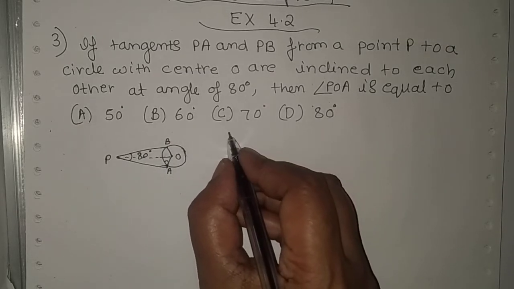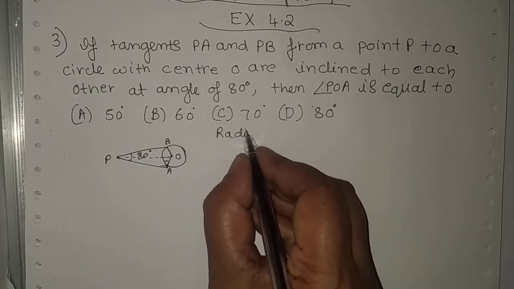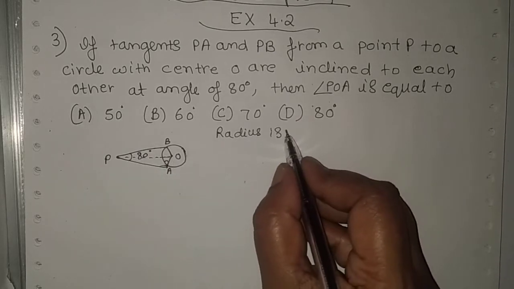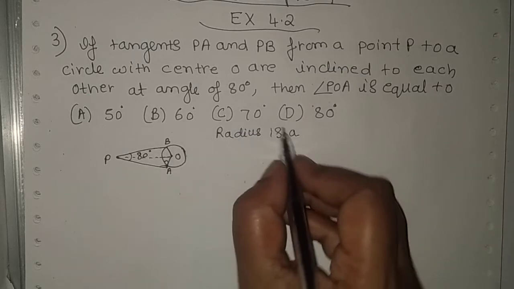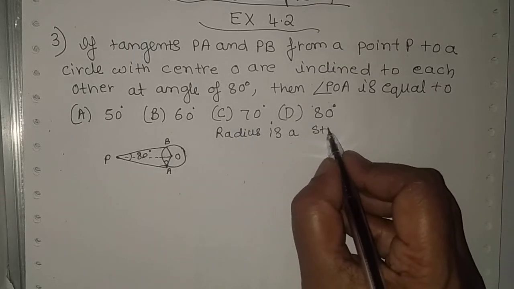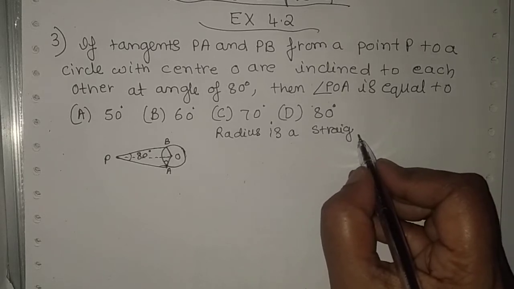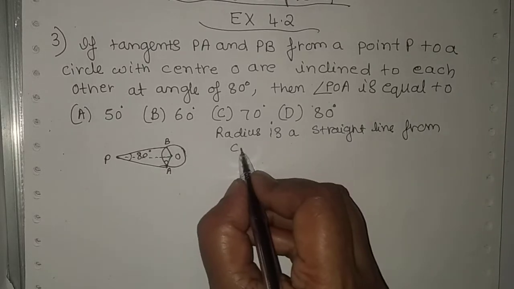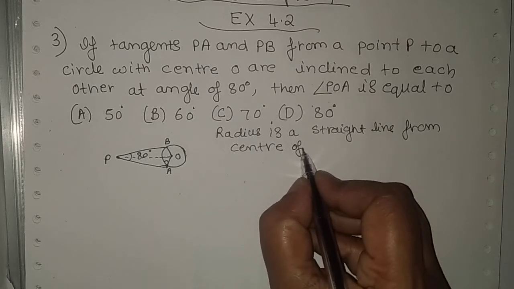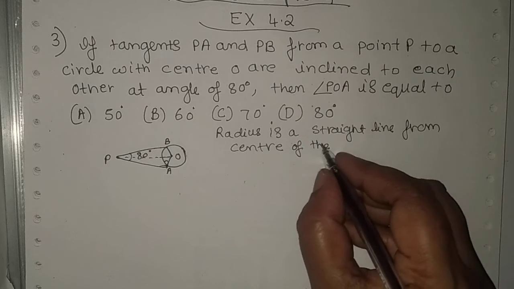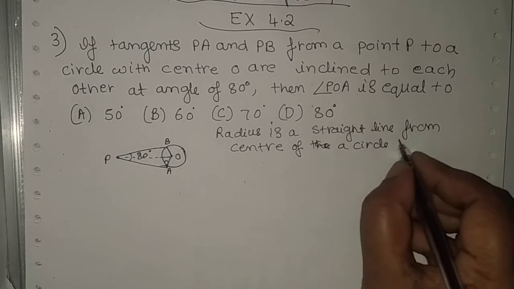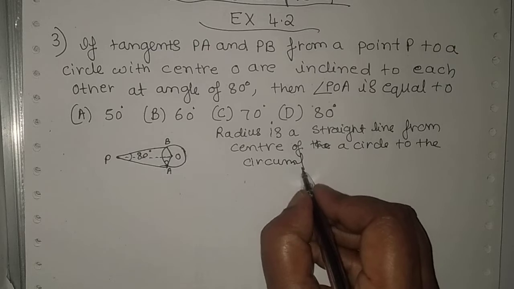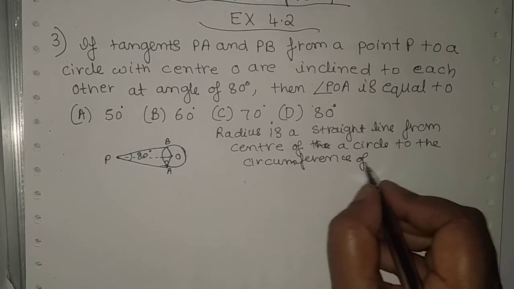So take a note that radius is a straight line from center of a circle to the circumference of the circle.